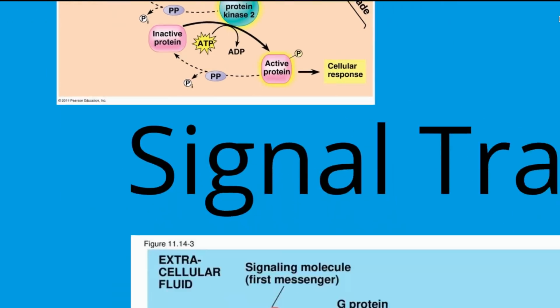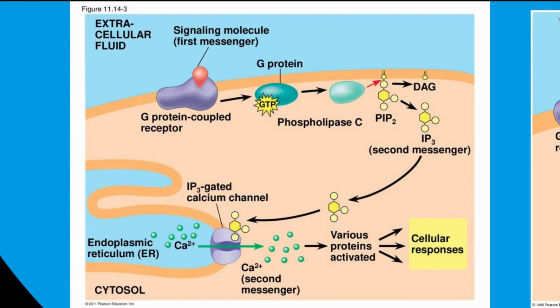Another very important aspect of signal transduction is the action of second messengers. These second messengers are small molecules that can rapidly diffuse through the cell and help to speed the message along. Here we see an example of a transduction pathway that is actually using two different second messengers.